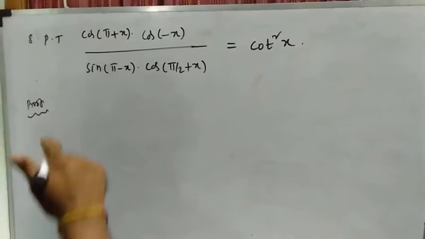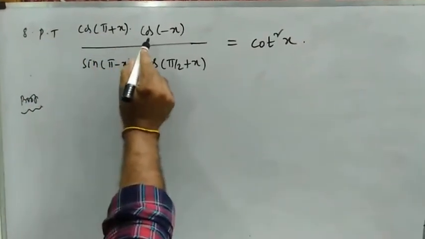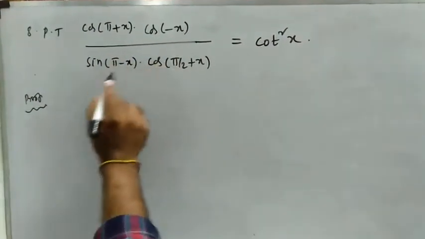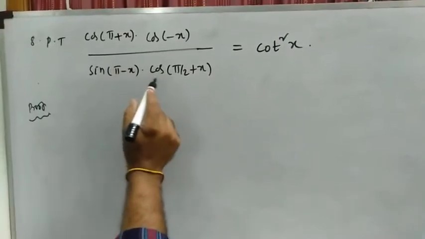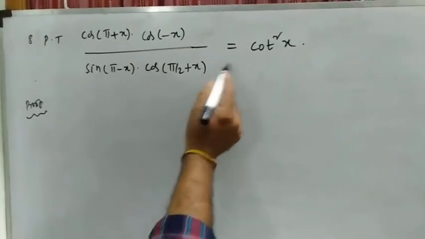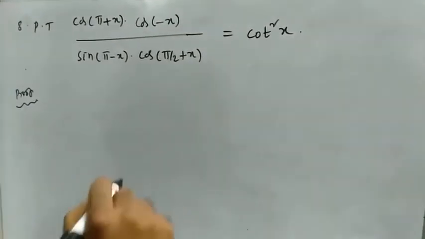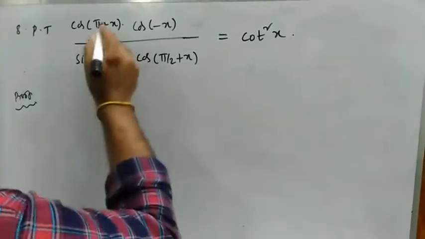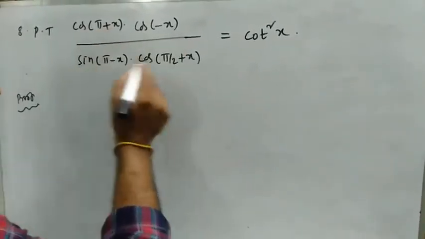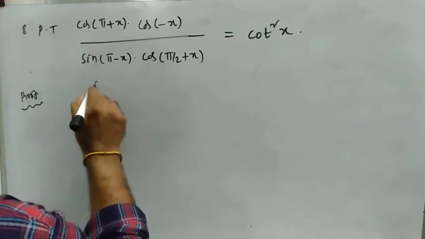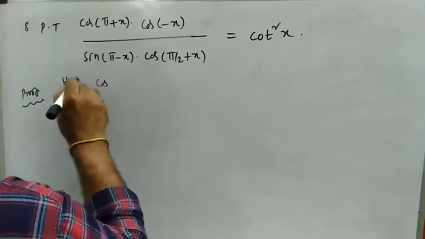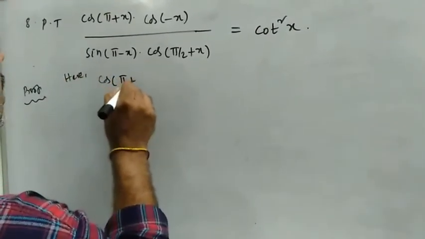Problem. Prove that cos pi plus x into cos minus x by sin pi minus x into cos pi by 2 plus x is equal to cot square x. So first I will evaluate each term involved in this problem. So here cos pi plus x.